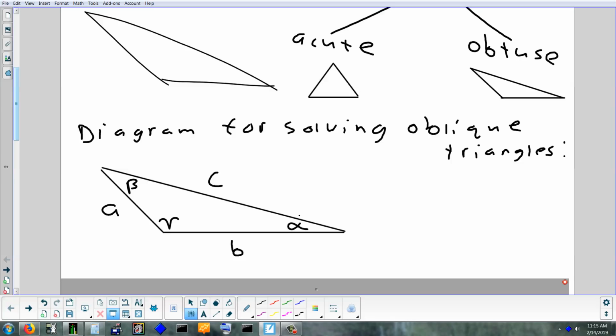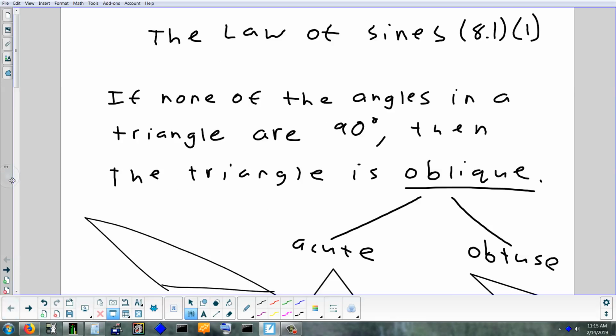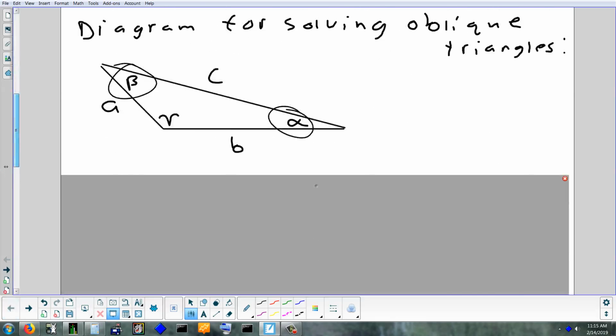Does anyone remember the name of that Greek letter? The one that's always across from A? Alpha. Yep. And how about that Greek letter? It's across from B. Beta. And now we've got a new Greek letter that's across from C. Gamma. Yeah, that's gamma.